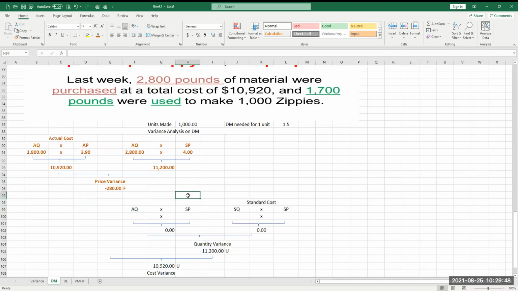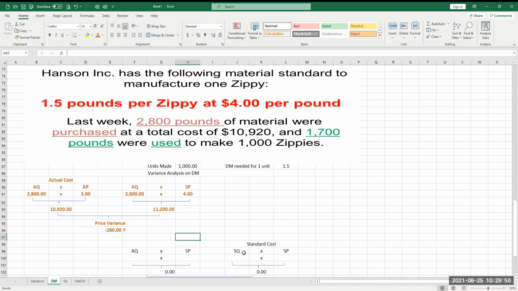What are we going to do now? Do I know the actual quantity of pounds that I used to produce the 1,000? Yeah, 1,700. So now I'm flipping the usage to 1,700. I cannot work anymore with the amount purchased. Now I have to go to the quantity which I actually used to produce the 1,000.